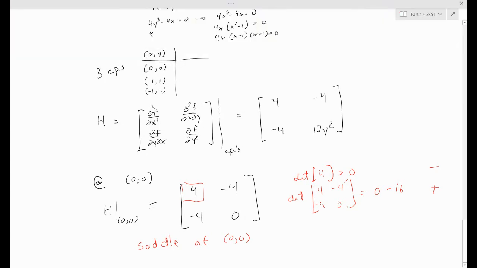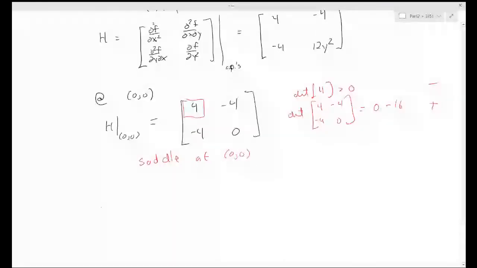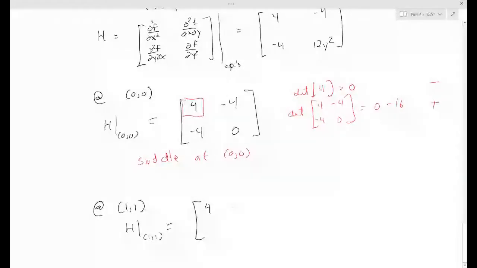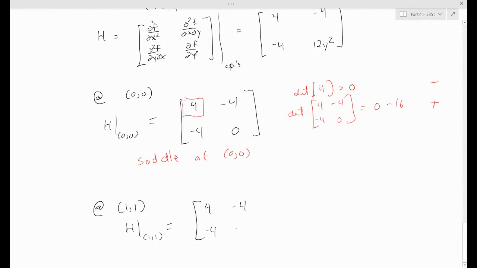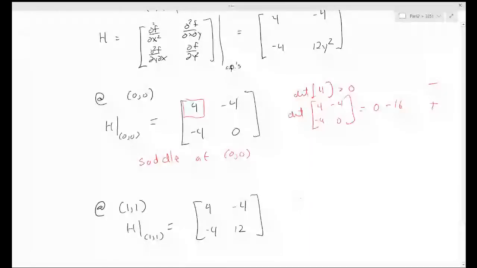Okay. So we move on to the next critical point. So let's say at 1, 1. The Hessian at 1, 1: 4, -4, -4, 12. So now it's positive definite.